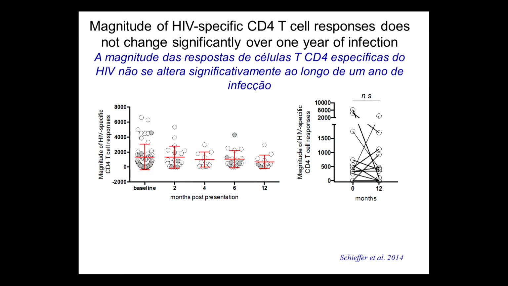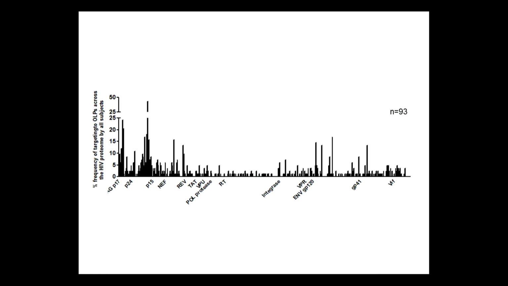So this was the original study on the HIV-specific CD4 interferon gamma responses in acute and chronic infection, and this is the reason why we left out the POL region, because there's barely any CD4 T cell responses that we are detecting.